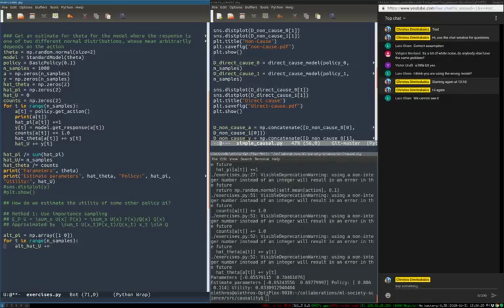So, yt more or less times the probability with which you are actually taking the action divided by the probability that the other policy will take the action.